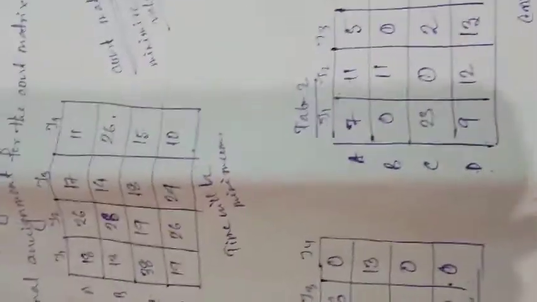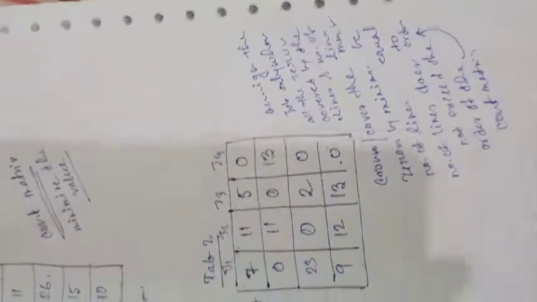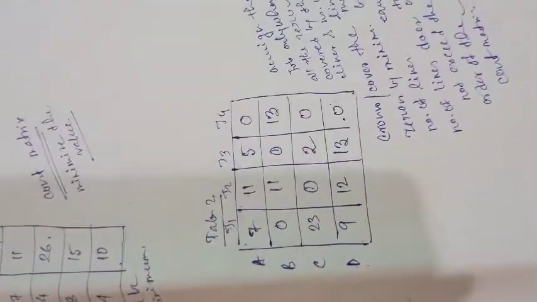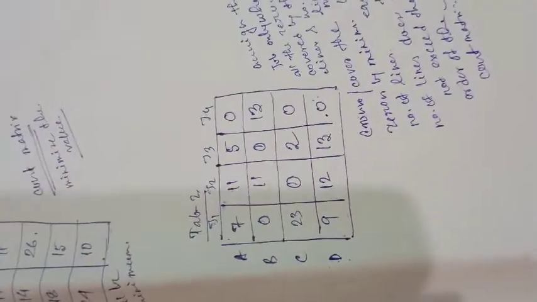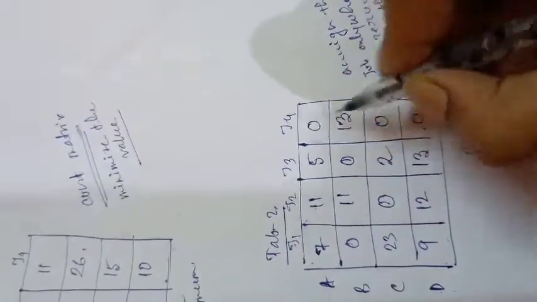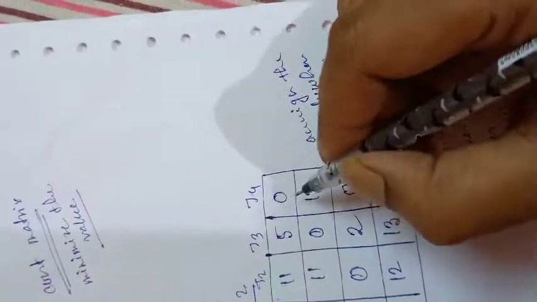So now let us try to draw the diagram and cover all the zeros with the minimum number of lines. See here, whenever we cover the zeros, always try to cover the maximum zeros by the minimum number of lines.